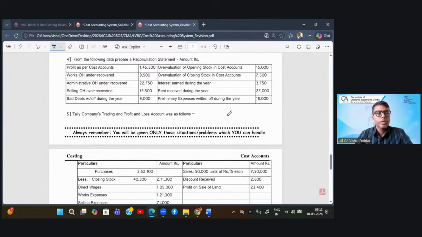Now, in reconciliation, students, we have to do the balancing of two things. One is profit as per cost accounts with profit as per financial books. It is same like the reconciliation we were doing in accounts. That is what we used to call as BRS, bank reconciliation statement. Here it is profit reconciliation statement.